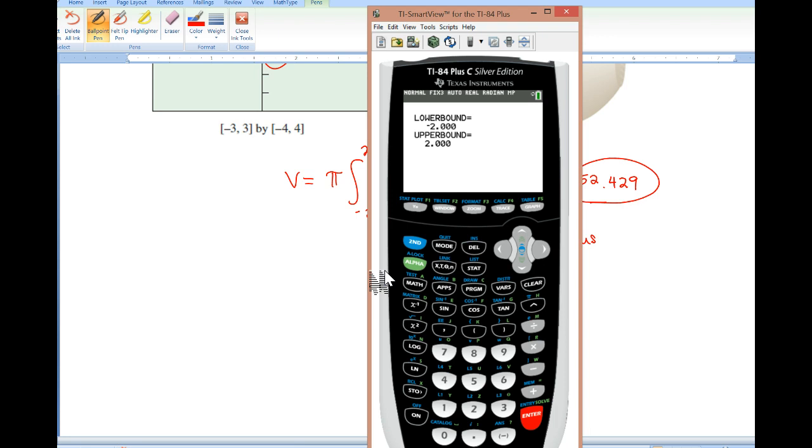That's what it was given, right? -2 to 2. Okay, press enter. What it's going to do is shade this region in. This ends up being the area under the curve. Is it possible to do this in the ADV? Yeah, I just have to put the program on. Okay, once it's done shading, press enter.